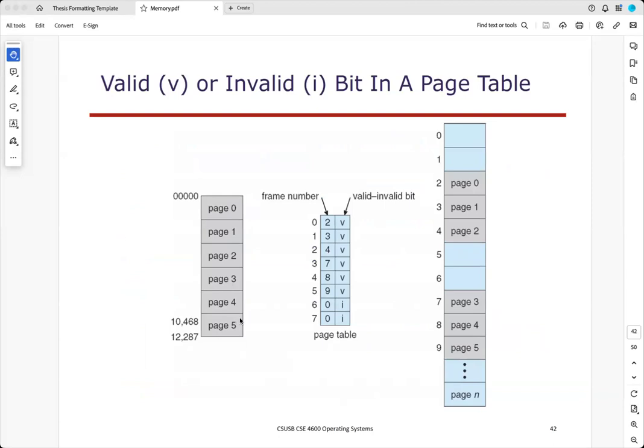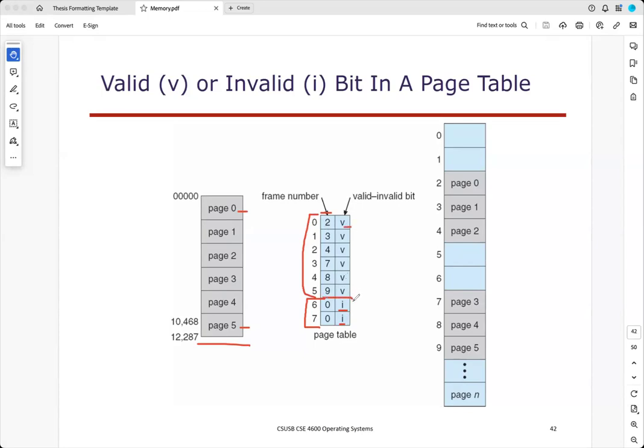In this example, this is a logical address space. The logical address space has 6 pages, from page 0 to page 5. And now in this page table, page 6 and page 7 are invalid, and page 0 to page 5 are valid.